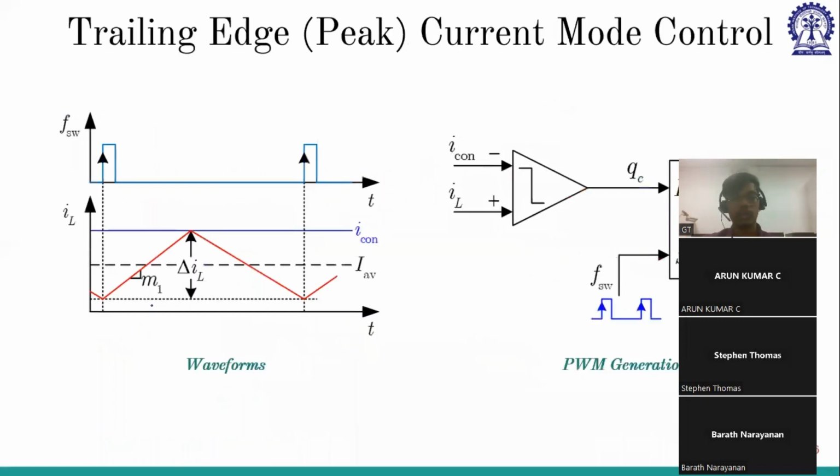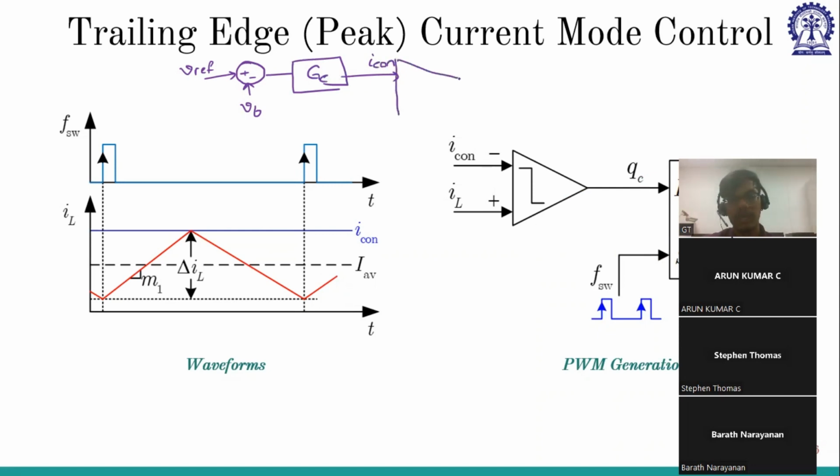Now coming to the trailing edge current mode control, which is also peak current mode control. So here, what do we have? I'm writing the plus and minus: V reference here, V feedback here. We give them to the controller, and this gives us, say, I reference or Icon, whatever they have written here.